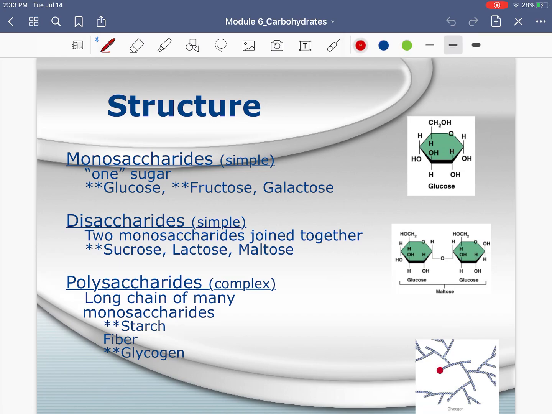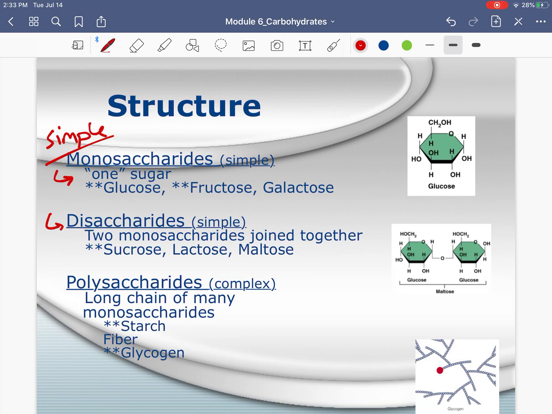Let's go with red. So remember, in terms of structure, we have simple carbohydrates, which would be the monosaccharides, which is a 1 sugar, and the disaccharides, which is a 2 sugar.